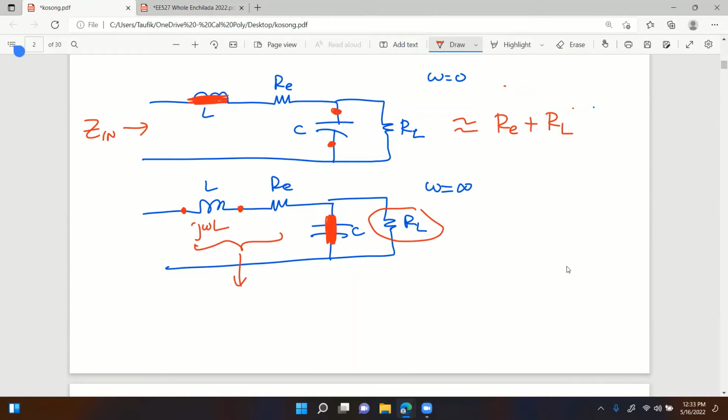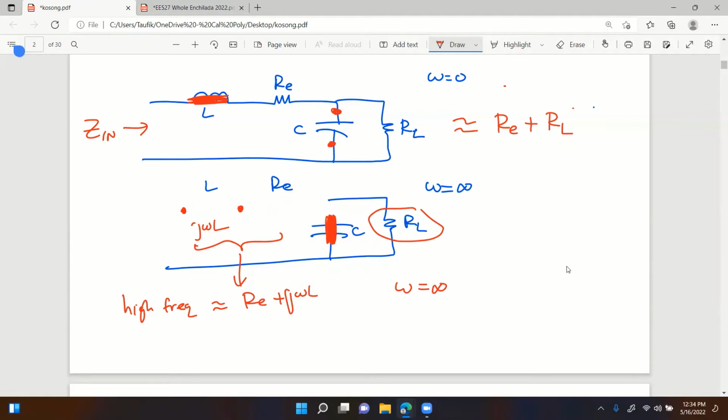So at higher frequencies, Z in is approximately equal to RE plus j omega L. Of course, when omega is equal to infinity, this becomes open, right?